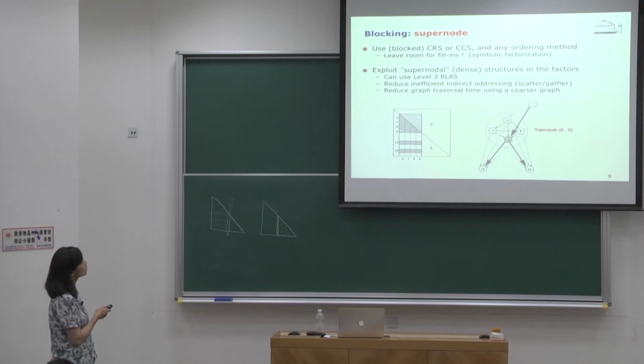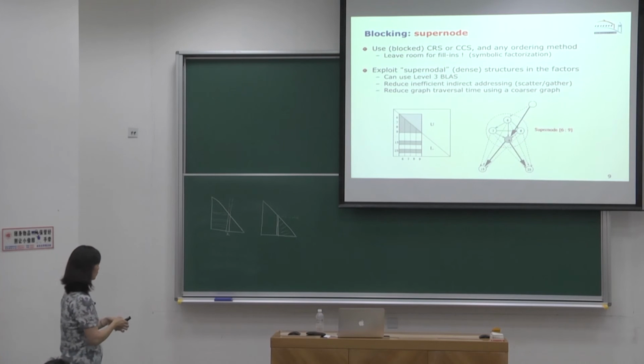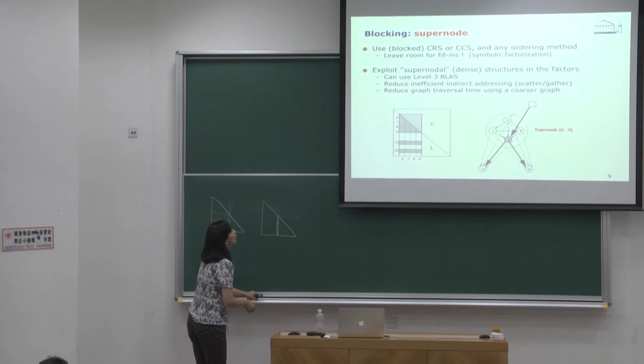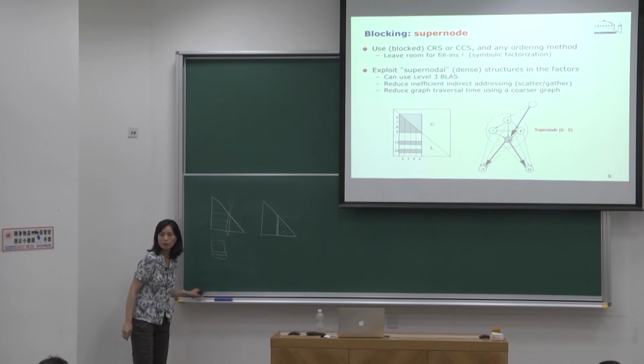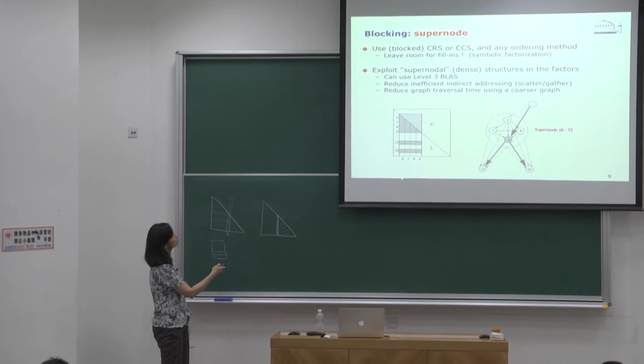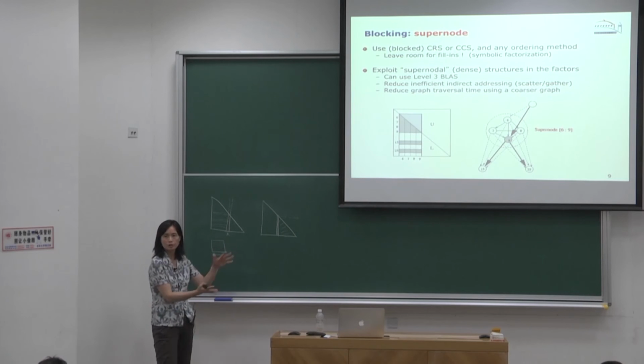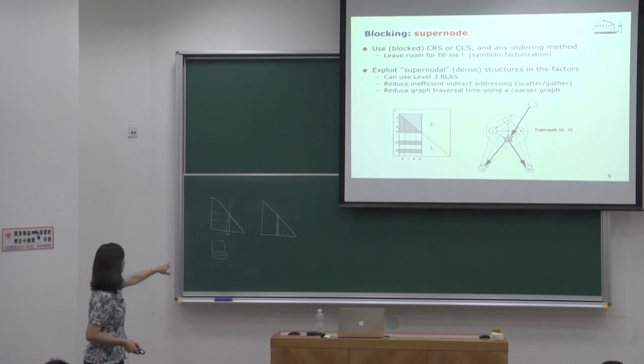So you have several columns here, and the diagonal is fully dense, for example, and the off-diagonal rows have the same structure. Then you can represent this diagonal block and off-diagonal block as a dense block and store only that. So in the storage, this is your diagonal block, and this is your off-diagonal block, stored as a dense matrix block, okay? And the zero part you don't store. You just squeeze them together. That's how you store them.